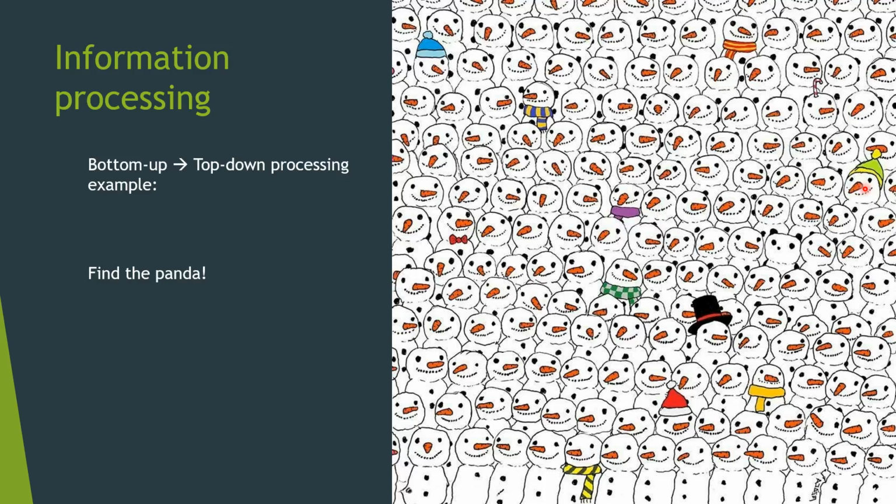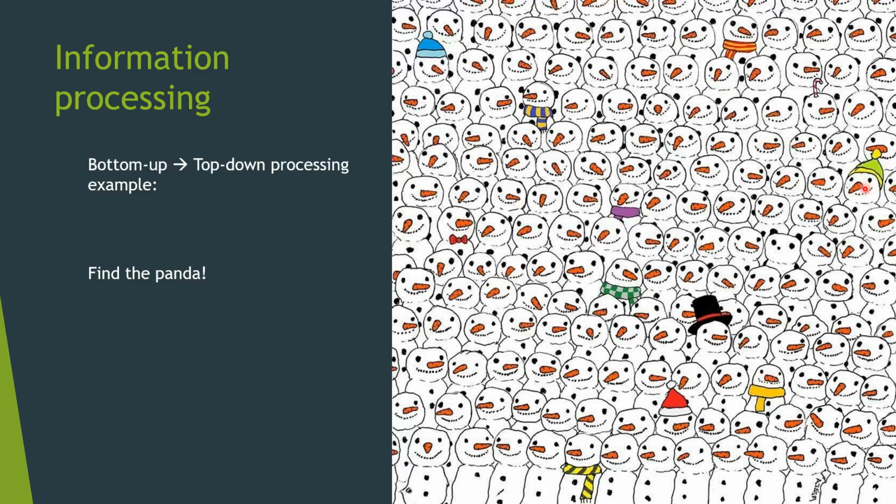When you do find the panda, you'll notice that it's very, very difficult to stop looking at the panda. You go from bottom-up processing, really looking at the picture, to top-down processing. Well, now you know where the panda is, so you'll mostly just look at the picture in terms of your understanding that there is a panda in that picture.